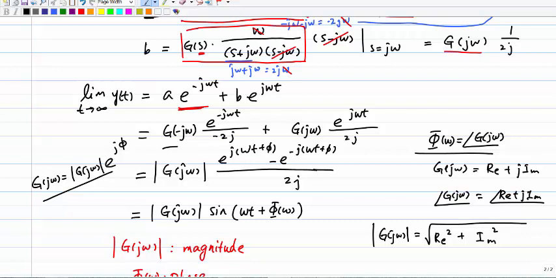You put them together, it becomes G(jw) times e^(j(wt+phi)) minus e^(-j(wt+phi)). That's again the same thing. Of course I have 2j, I can just ignore the 2j over here.